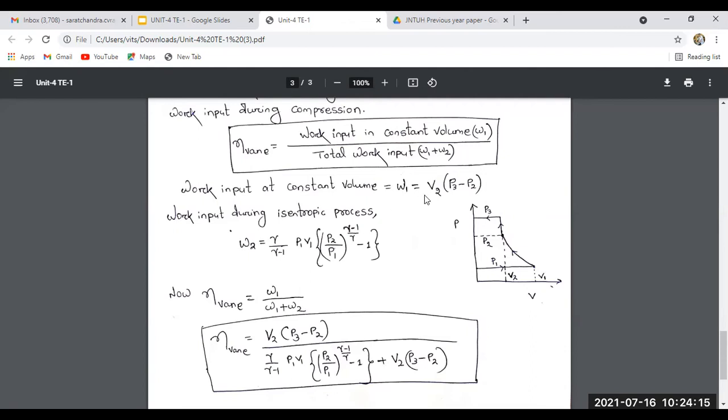For this constant volume process, we have W1. And for this adiabatic process from 1 to 2, we have W2. So if we add W1 plus W2, which I have written here as total work input, it will indicate the indicated power of the engine. Okay, so that power only we are going to calculate over here.